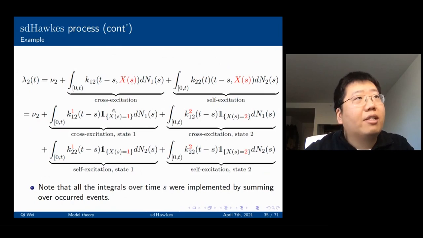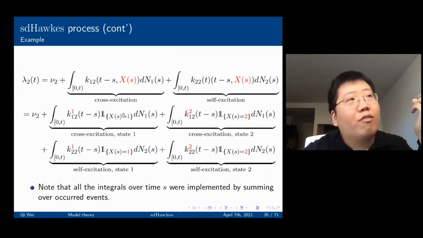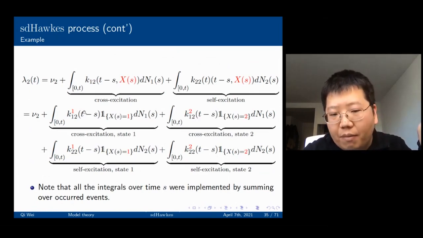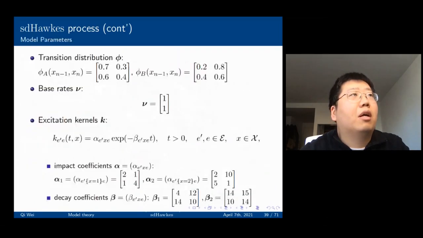So if the state, let's say X_s is equal to 1, you need to use the kernel conditional on this. The kernel with state equal to 1 and the kernel with state equal to 2 are different. So you can think you have two groups of alpha and beta to estimate here. Is that clear?